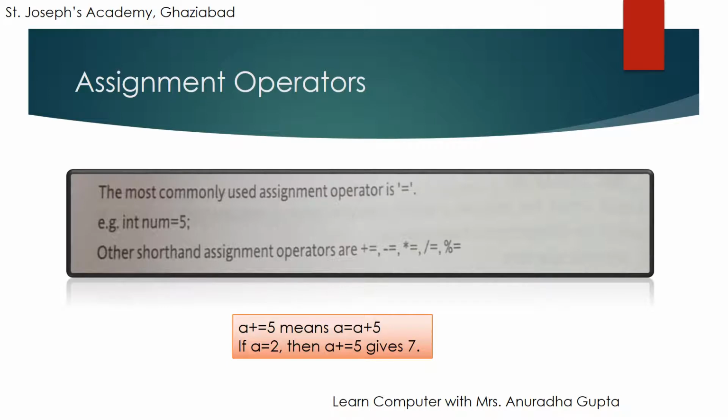Because a plus equal 5 means a equals a plus 5. Already we have 2 in a, then 2 plus 5 gives 7. I hope you all understood. Same with multiply, minus, divide, modulus, all will work the same as the plus.